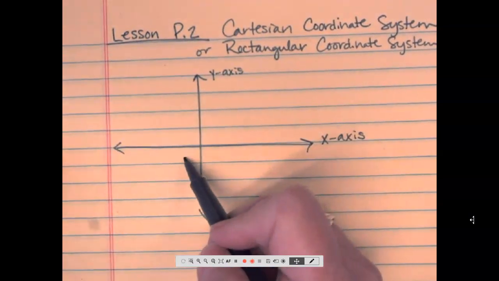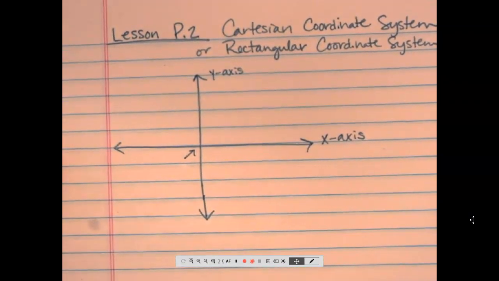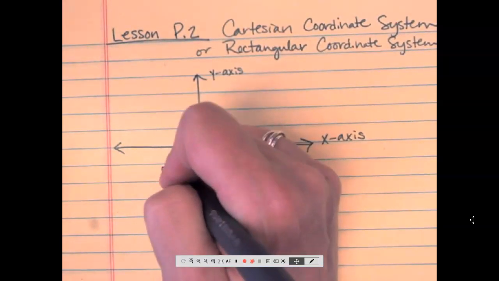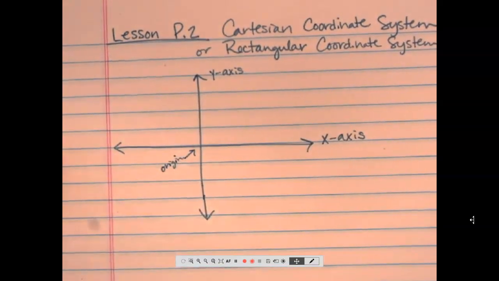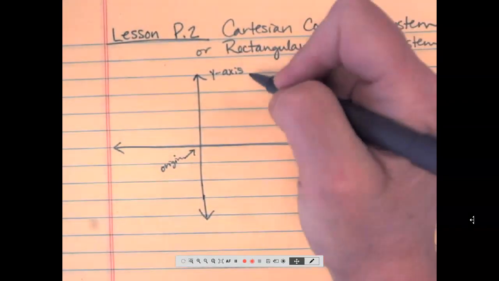Okay, the point where these two meet is called the what? Origin. Okay, these two axes divide the region into 4 sections, which are called what? Quadrants. Where's quadrant 1? Top right.